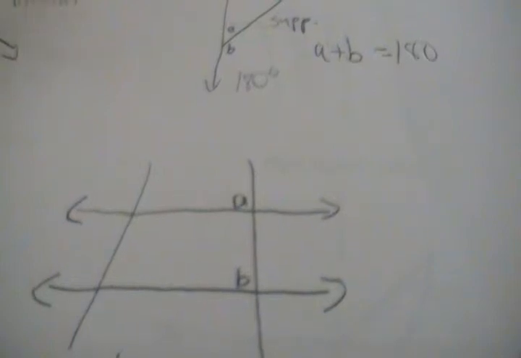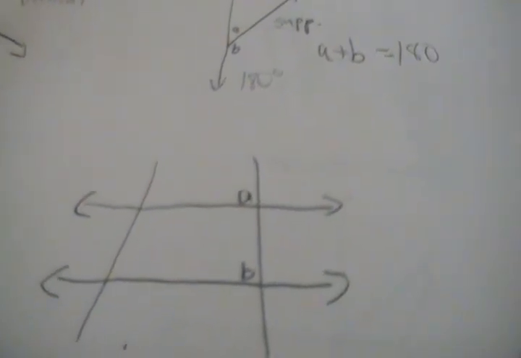We have an angle A here and an angle B here. We want to know if these angles are alternate interior, corresponding, or alternate exterior angles.